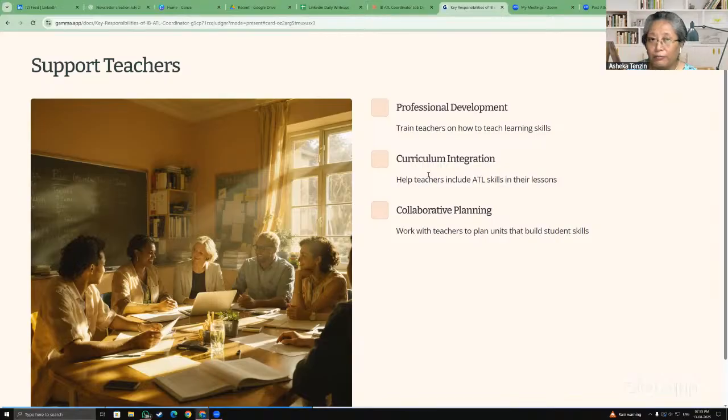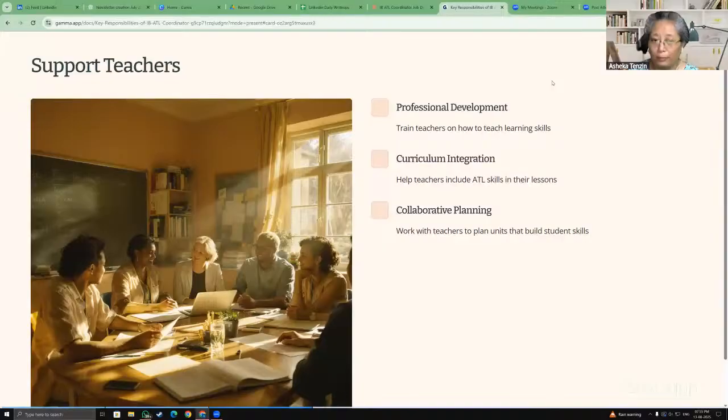And the third very important point, okay, when you look at PSP 2014, there is one whole standard on collaborative planning and reflection. Okay, so collaborative planning is very, very important. You need to work with the teachers so that they can plan units that will help to build the skills.